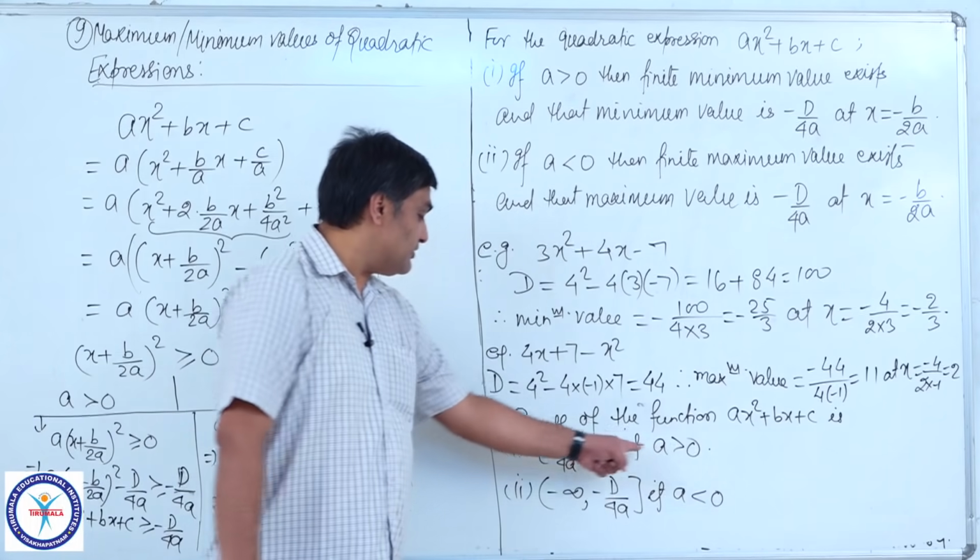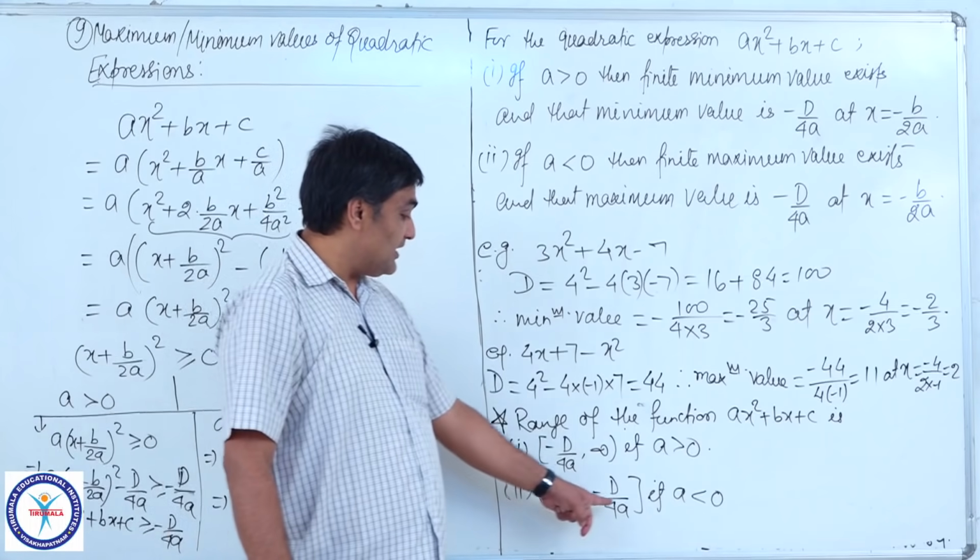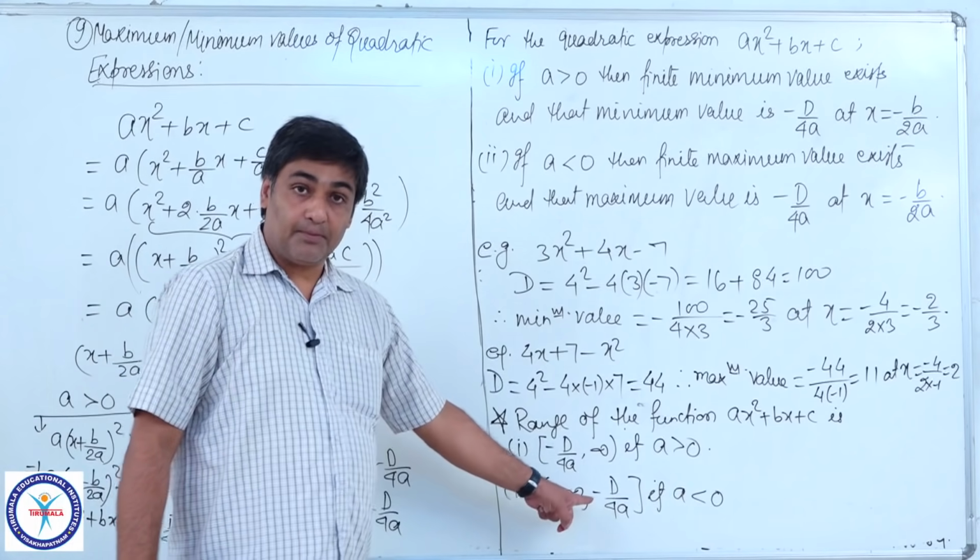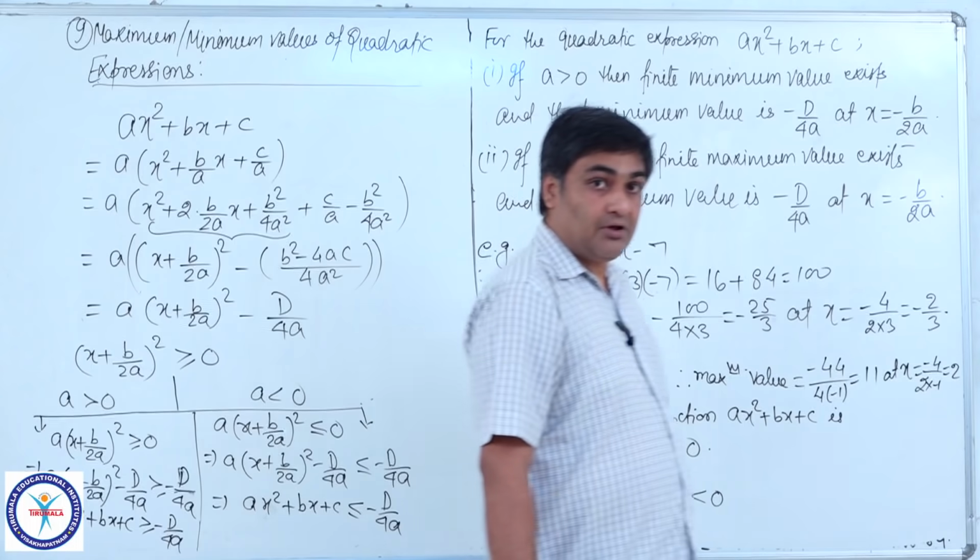A greater than 0 means a minimum value, a less than 0 means a maximum value exists. Okay.